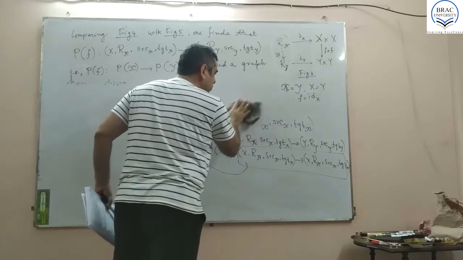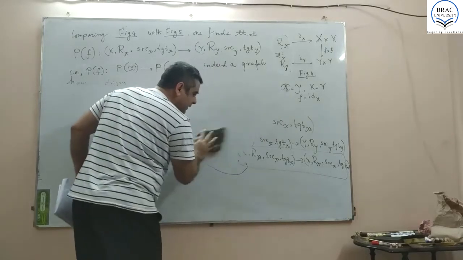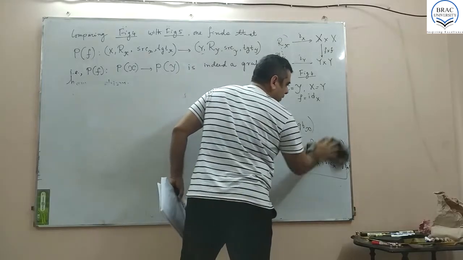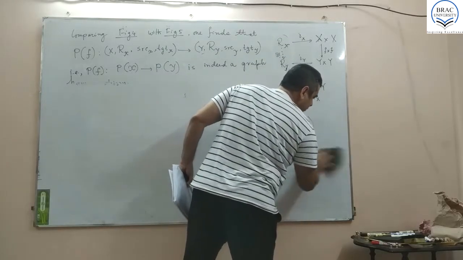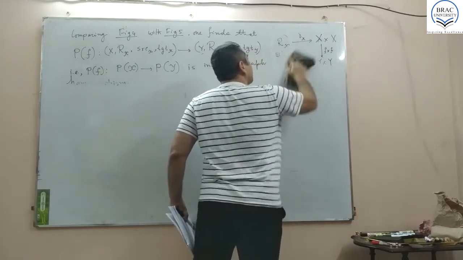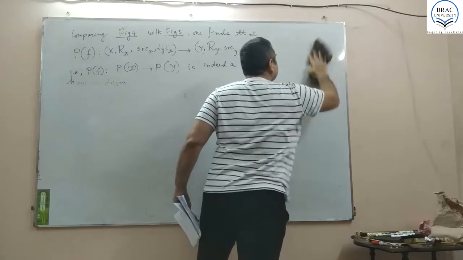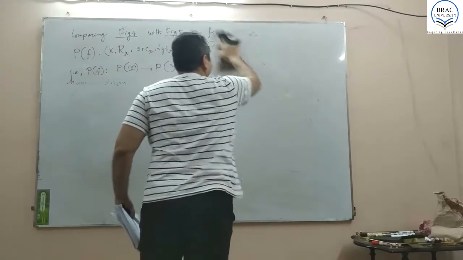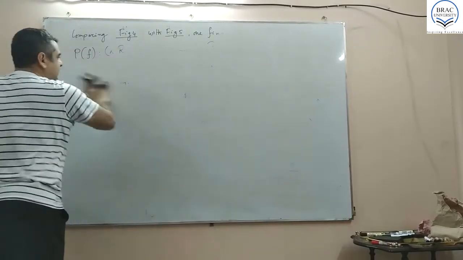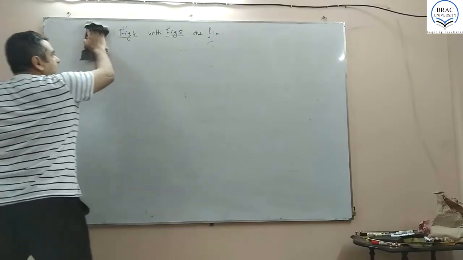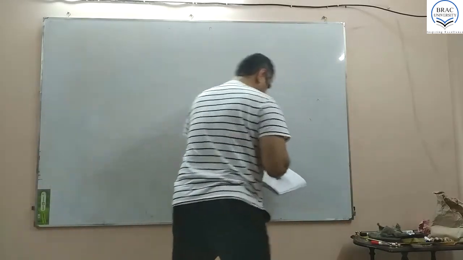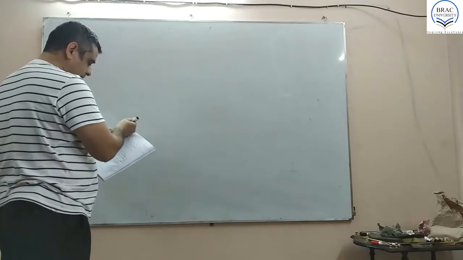That way we will be able to prove that the functor from the category of pre-orders to the category of graphs is indeed a functor.